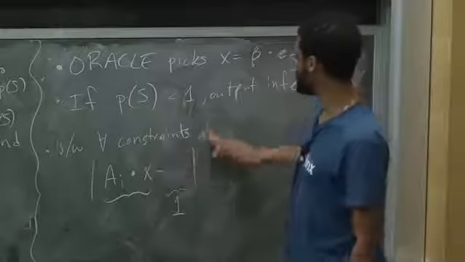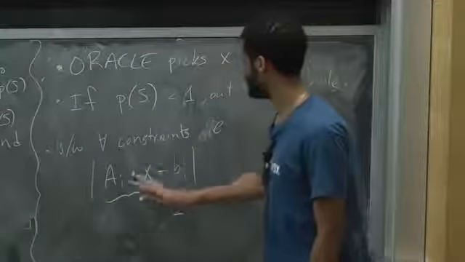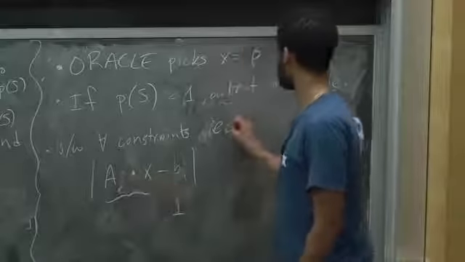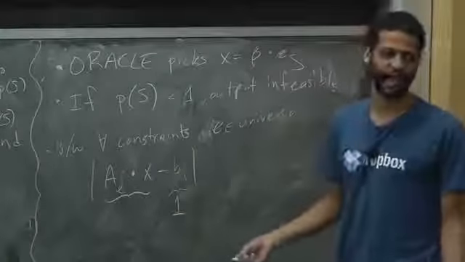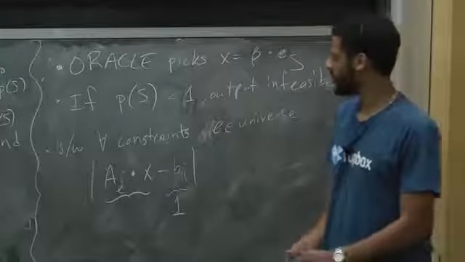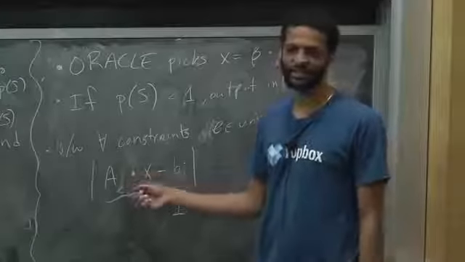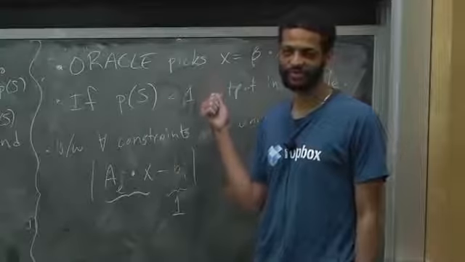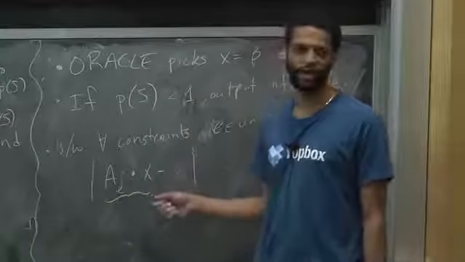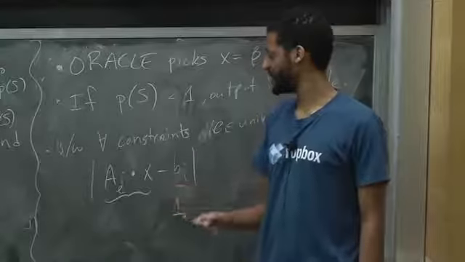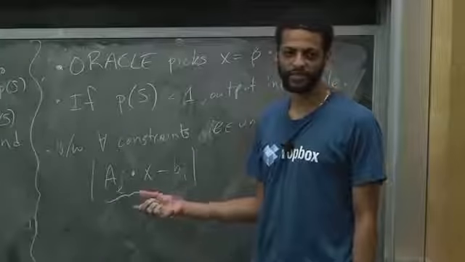Let's say for all constraints e, e is an element of the universe. So there are two cases. Either e is in S or it's not in S. If e is not in S, what's this dot product, given the x that we're outputting? It's 0. Good. In which case, this difference is 1. What if e is in S? What's this dot product?